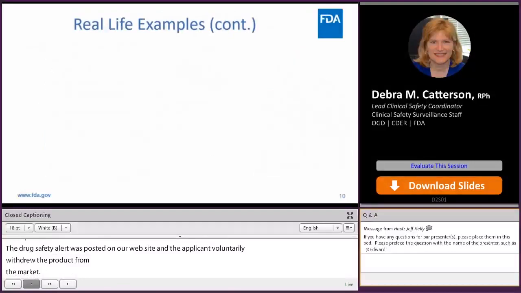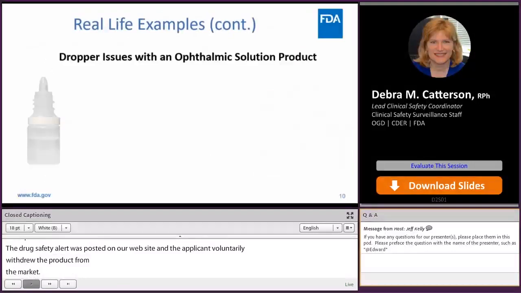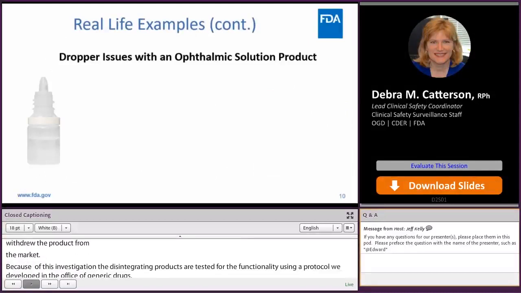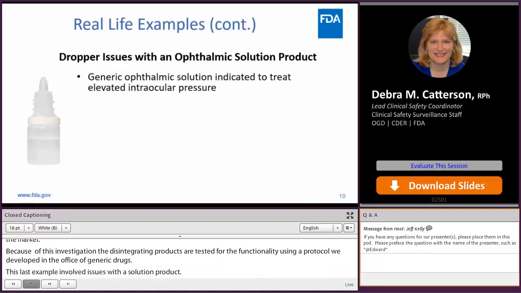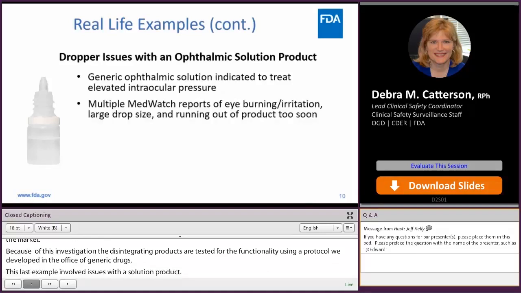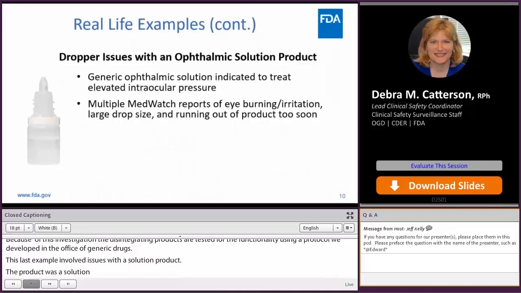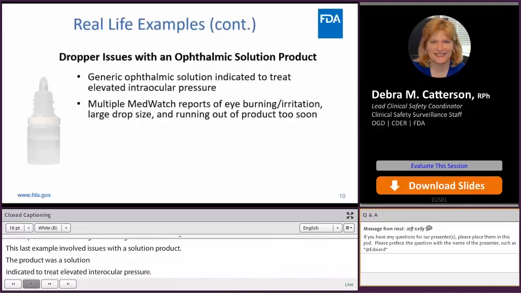This last example involved dropper issues with an ophthalmic solution product. The product was a generic ophthalmic solution indicated to treat elevated intraocular pressure. We received multiple MedWatch reports of eye burning and irritation, large and uncontrollable drop size, and patients were complaining they were just running out of the product too soon.